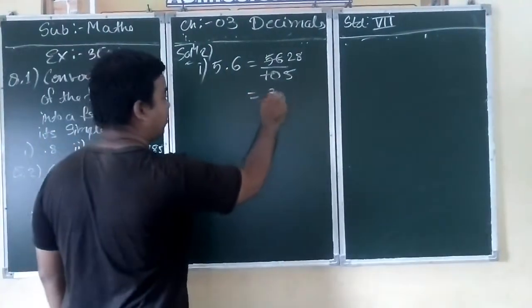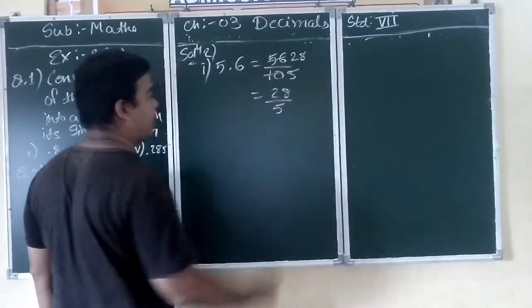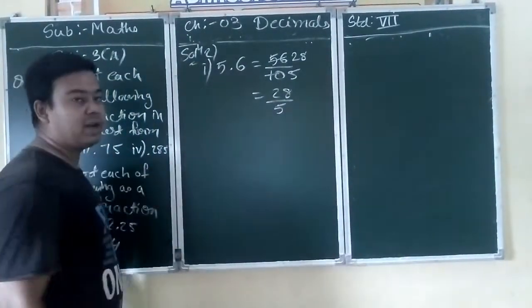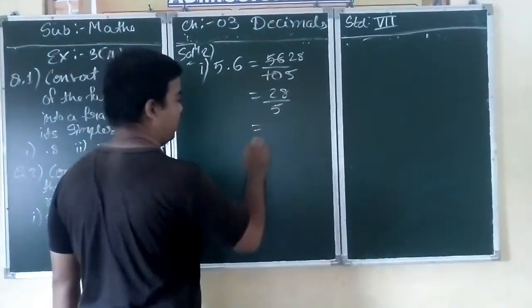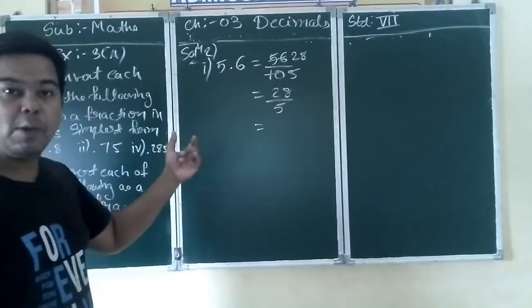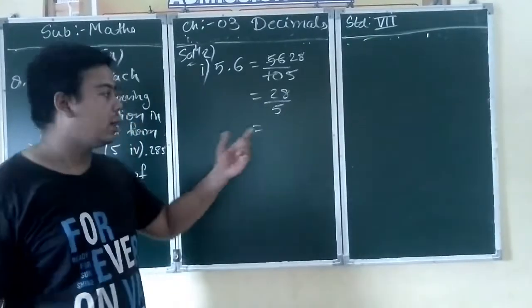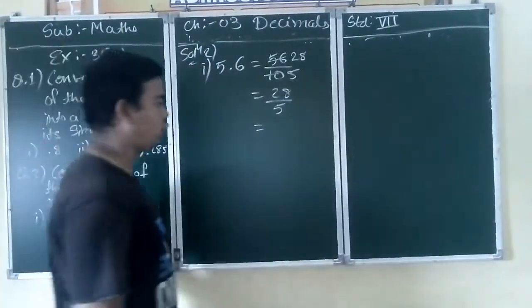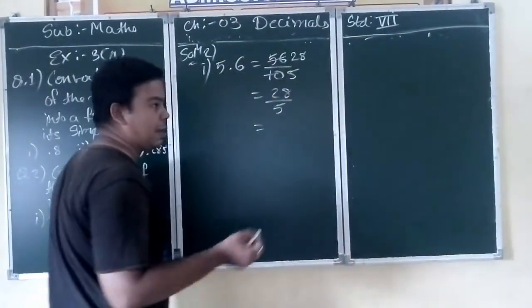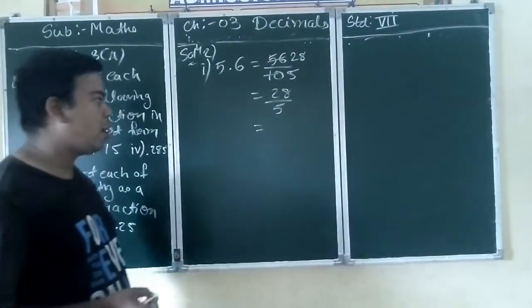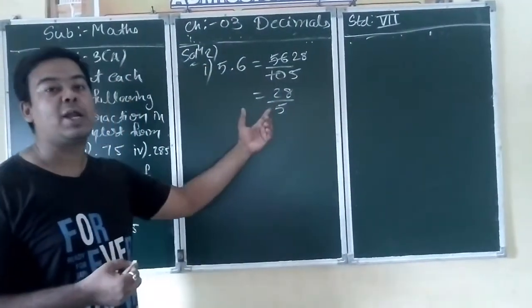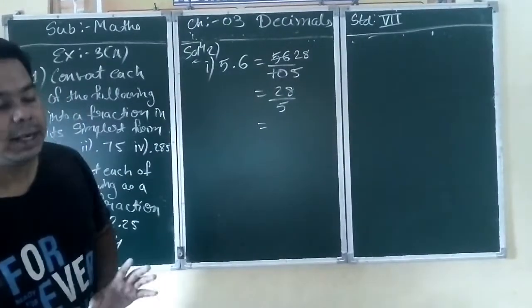28 by 5. Now 28 by 5, we convert into a mixed fraction. Because now it is an improper fraction, and only an improper fraction we write as a mixed fraction. What is the meaning of improper fraction? Improper fraction means where the numerator is greater than the denominator.